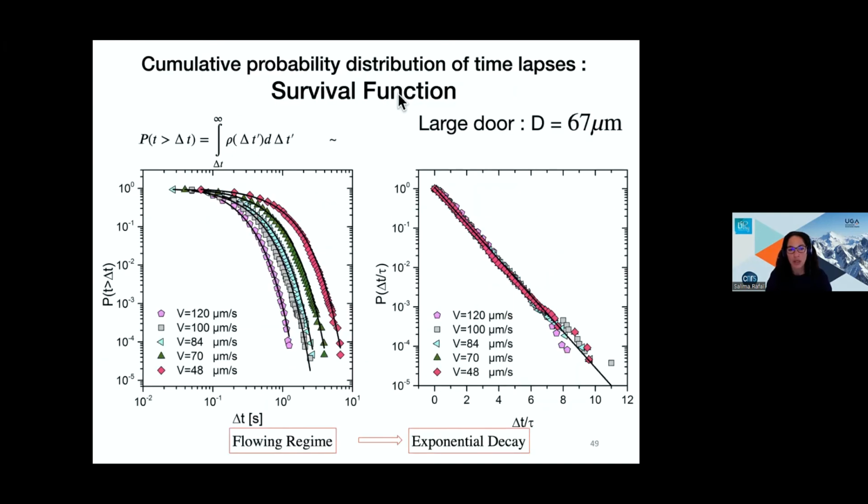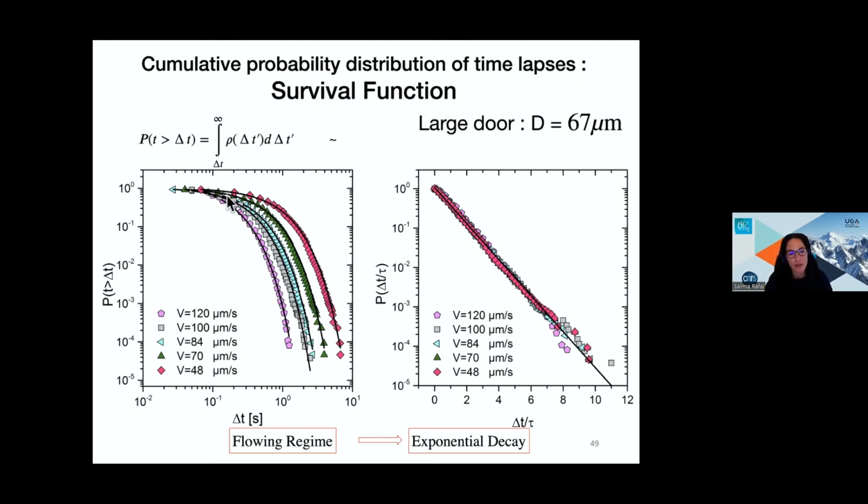Another observable that has been proposed by Zuriguel is what is called the survival function. So this is the cumulative probability distribution of time lapses. You can look at the time difference between two successive exits at the door, and you measure the cumulative probability of this distribution, again by varying the velocity.